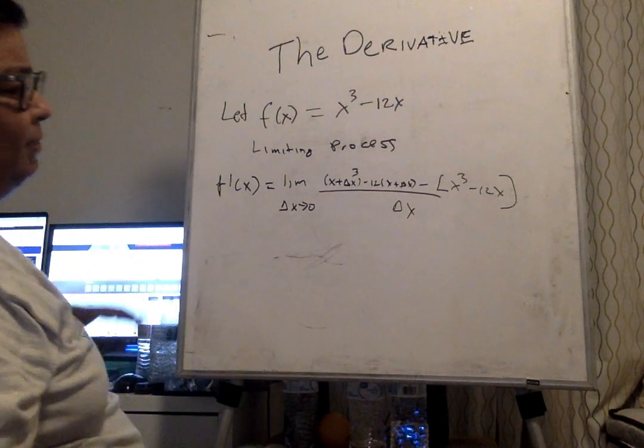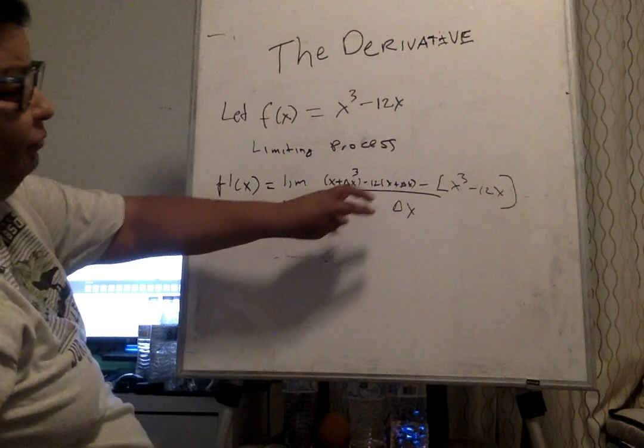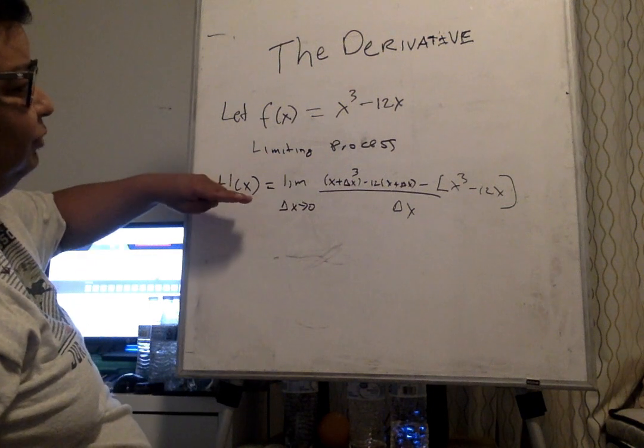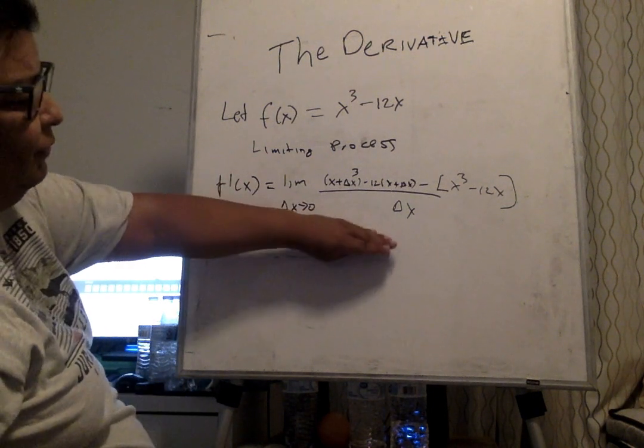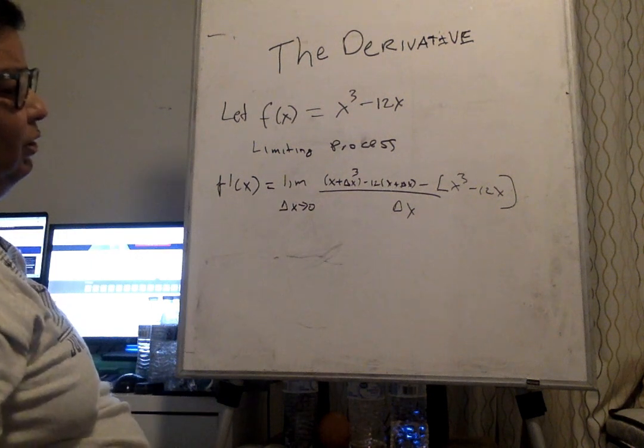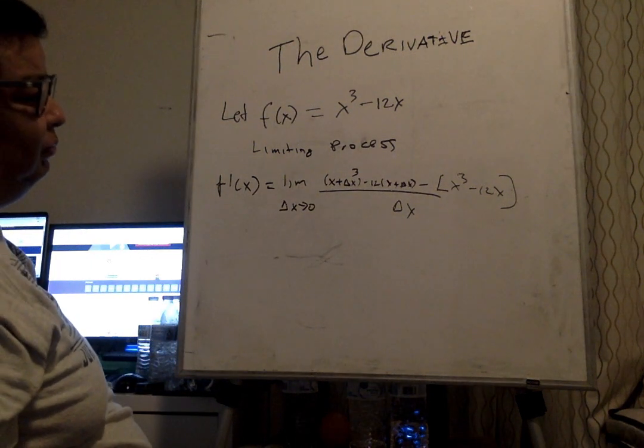So basically this is a mechanical process. We find the derivative function by doing this limiting process. We need to find the limit of this expression.